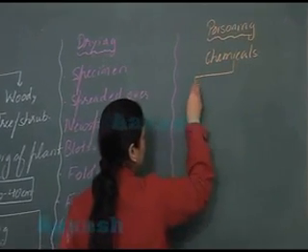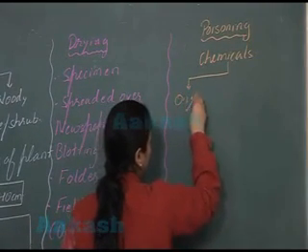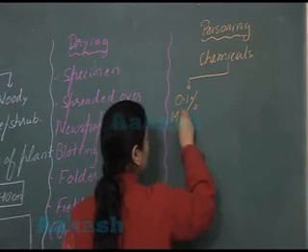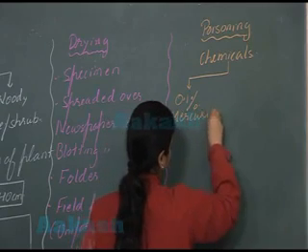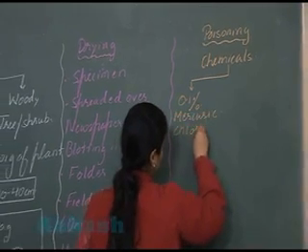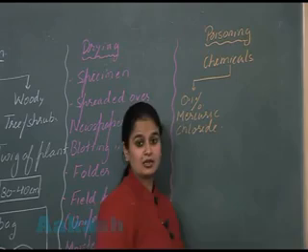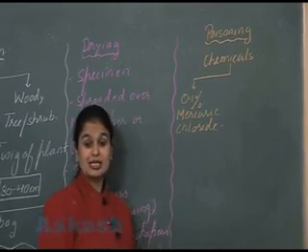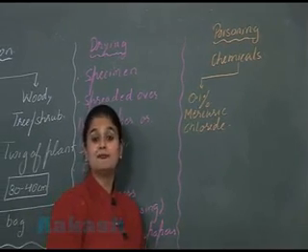One is 0.1% mercuric chloride. Mercuric chloride has the ability to kill fungi.